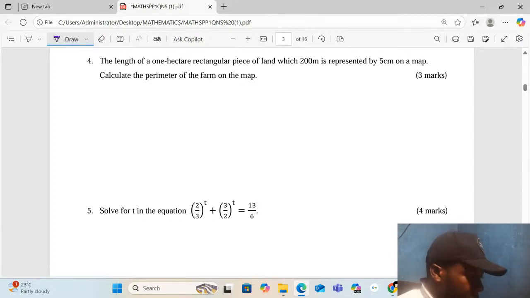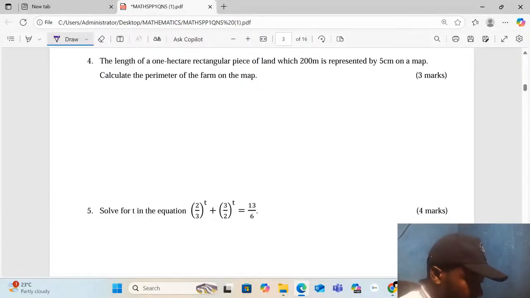Calculate the perimeter of the farm on the map. First of all, in this question, we have 1 hectare of land, where 200 meters is represented by 5 centimeters on a map.